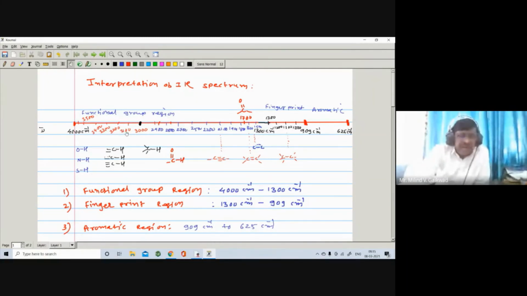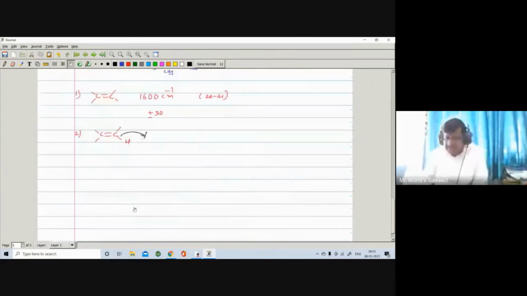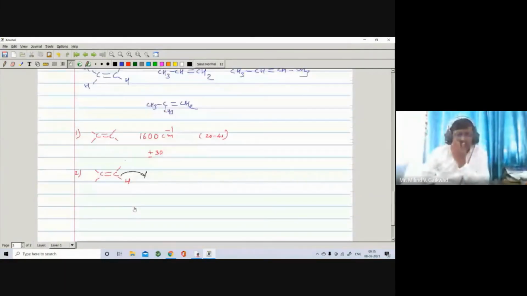So the CH stretching will appear between 3300 centimeter inverse to 3100 centimeter inverse, or we can say above 3000. These are very important bands.